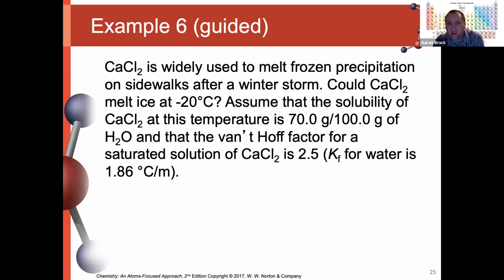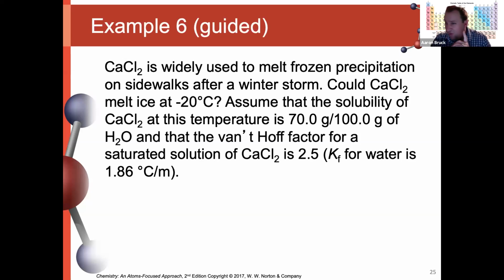We have to assume that the solubility is 70 grams per 100 grams of water, and that the Van't Hoff factor of the saturated solution is 2.5. Kf for water is 1.86 degrees Celsius per molal. So there are lots of ways to approach this problem.